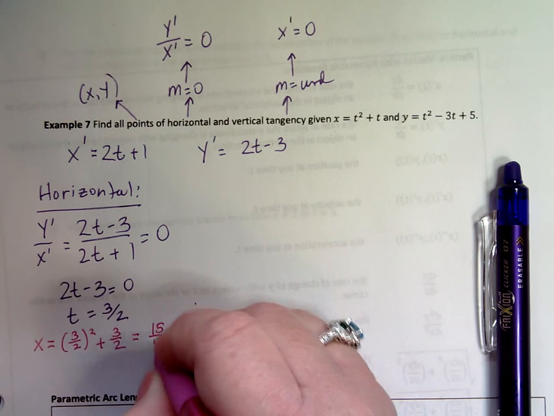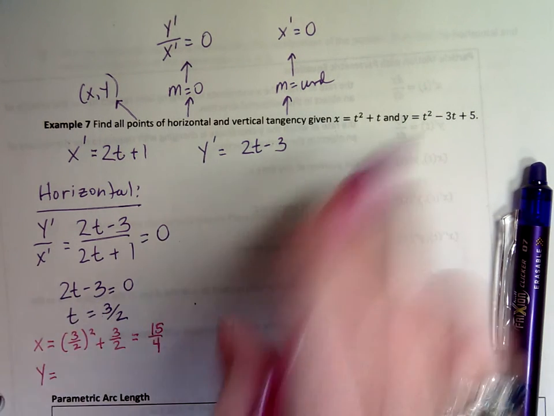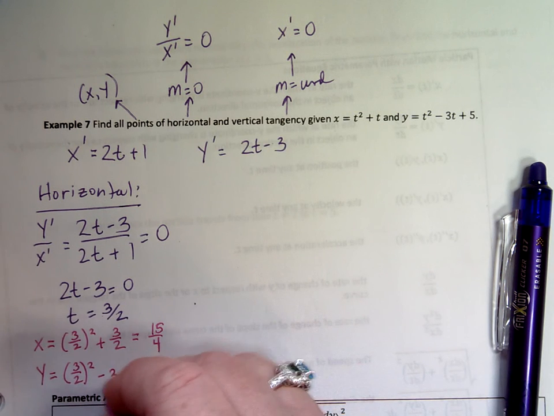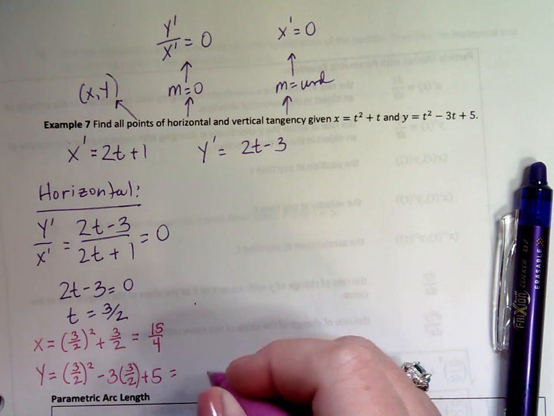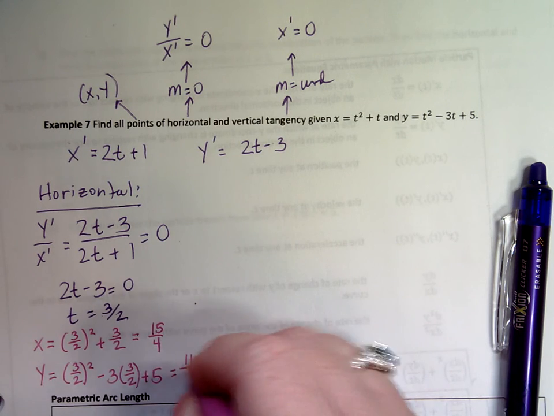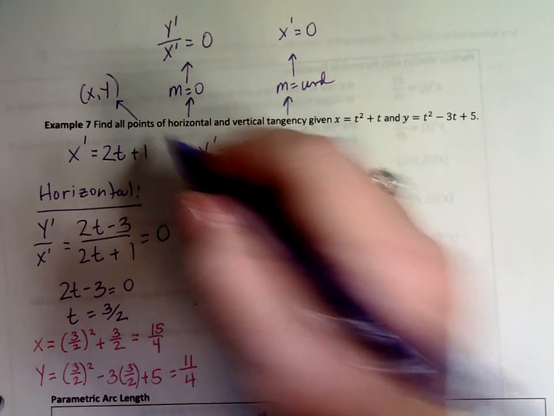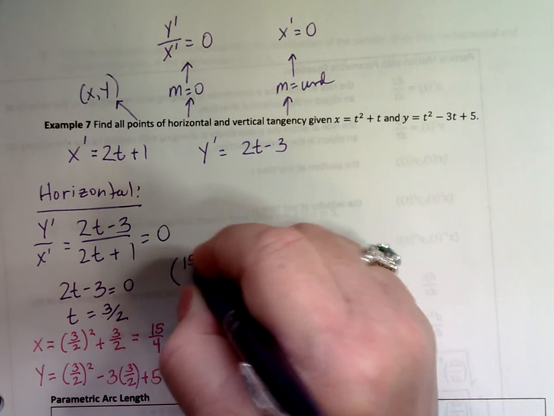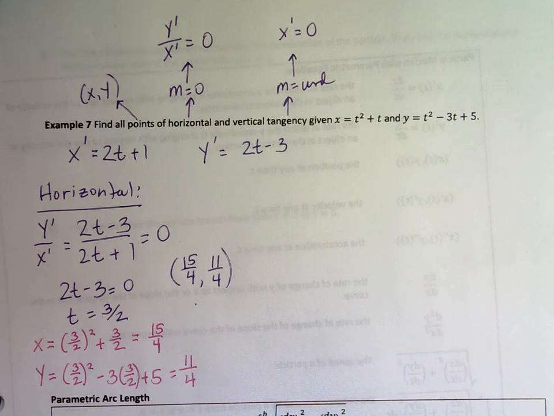My y value is going to be 3/2 squared minus 3 times 3/2 plus 5, and again, it gives you 11/4. So the coordinate where I'm going to have a horizontal tangent line is 15/4, comma 11/4, x's and y's. I so want to box that in, but I'm not going to box it in.